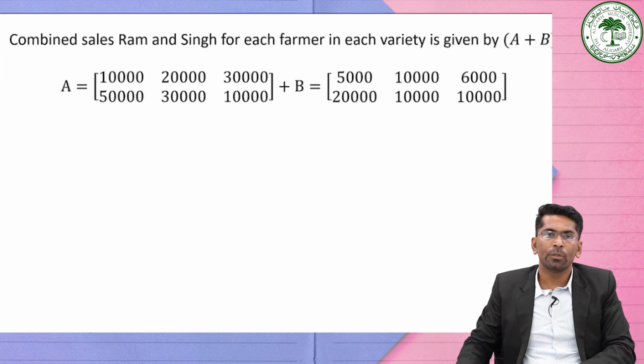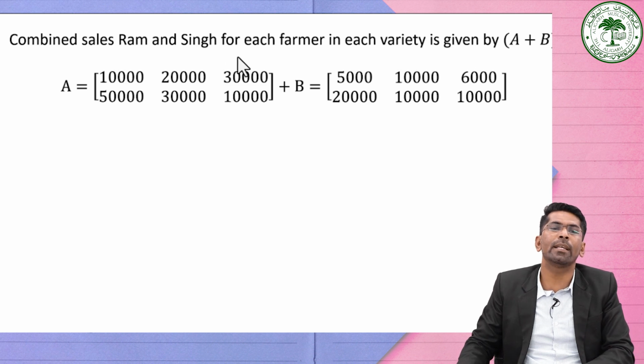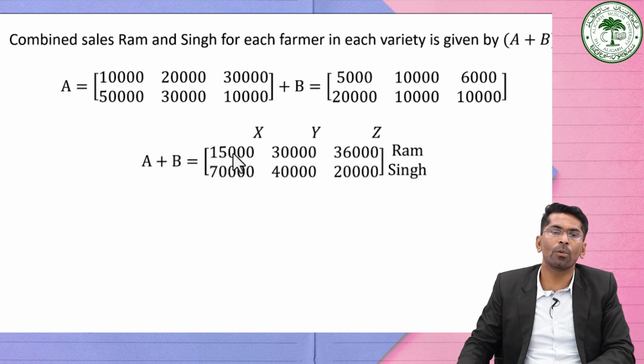So 10,000 plus 5,000 is equal to 15,000, 20,000 plus 10,000 is 30,000, then 30,000 plus 6,000 is 36,000, and accordingly we can also find the remaining elements of A plus B.